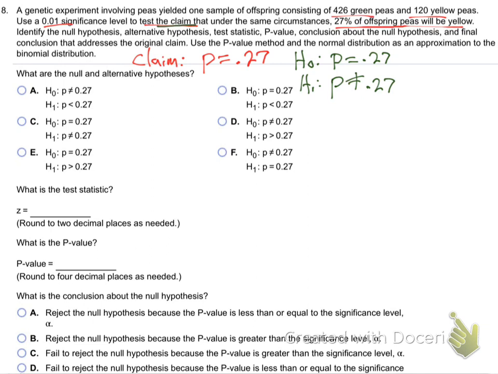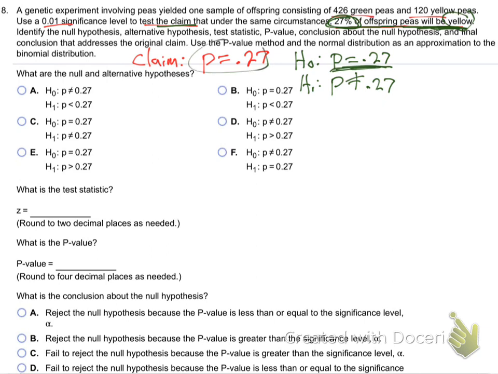It just says test the claim that 27% will be yellow. So the proportion equals 0.27. It's not saying more than 27% or less than 27% will be yellow. The alternative hypothesis is always the opposite, not equal.